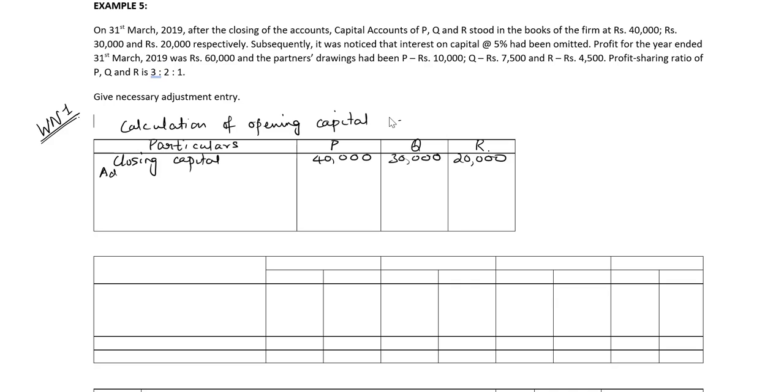We'll add the drawings. 10,000 for P, 7,500 for Q and rupees 4,500 for R. After adding we get 50,000 for P, 37,500 for Q and 24,500 for R. Next we need to deduct the share in profits.